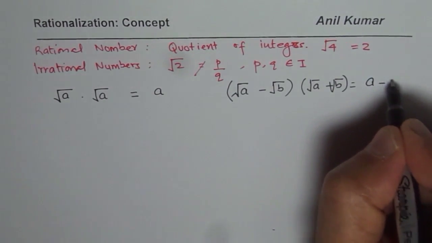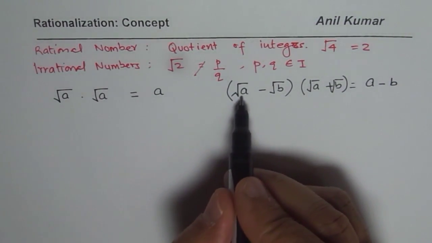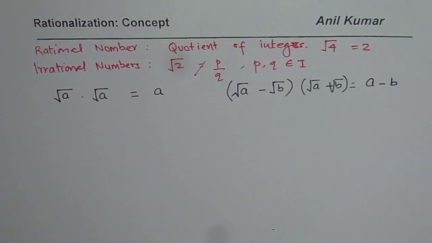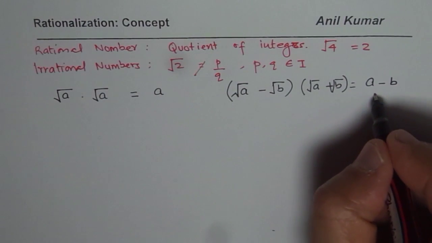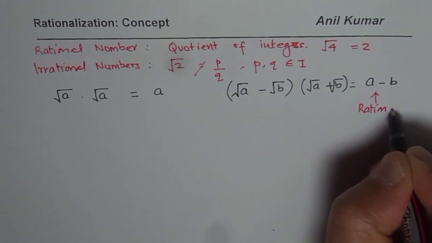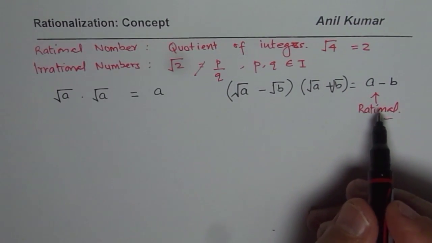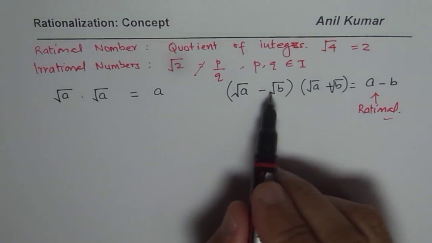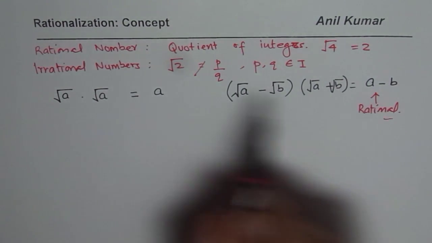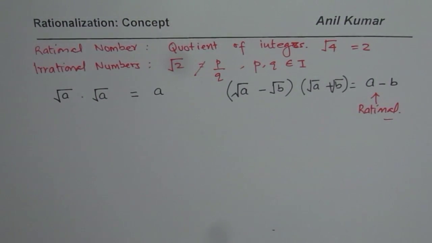I get a minus b. Square root a squared minus square root b squared is a minus b. So that becomes a rational number. So this process of writing any irrational number in the form of a rational number is called rationalization, right?